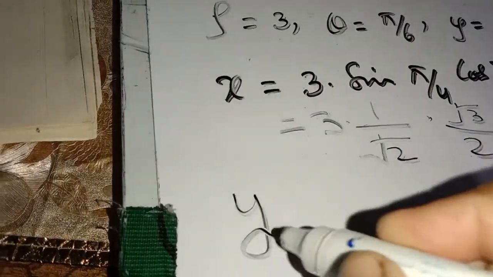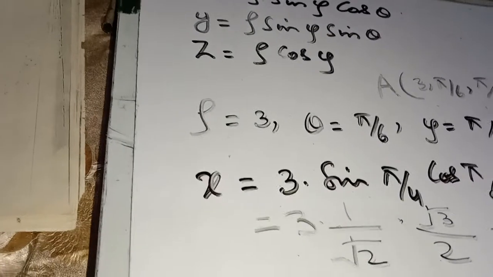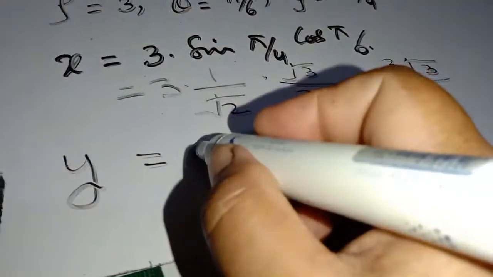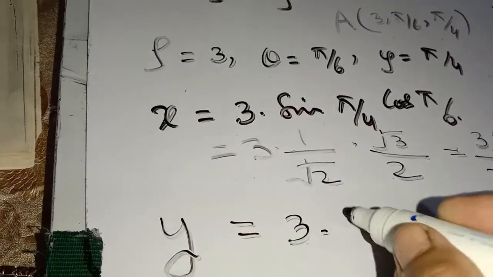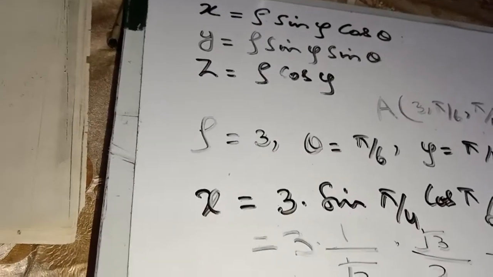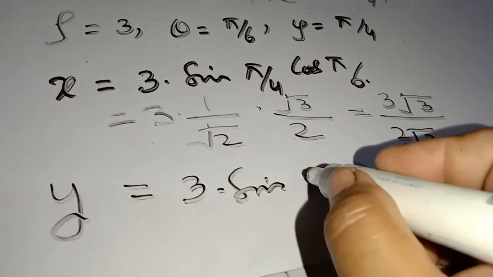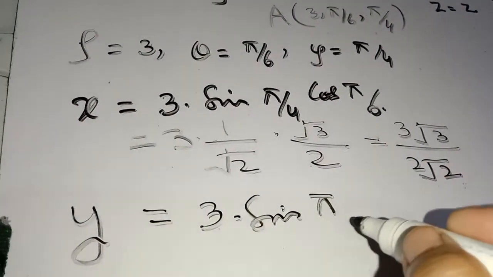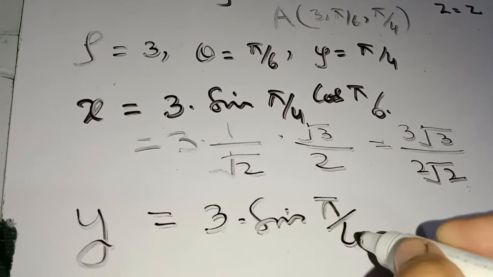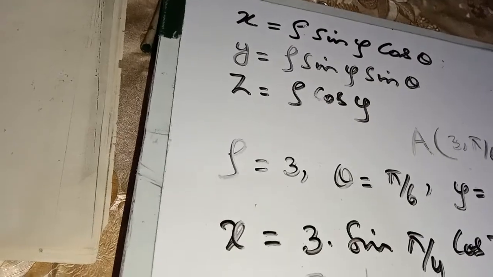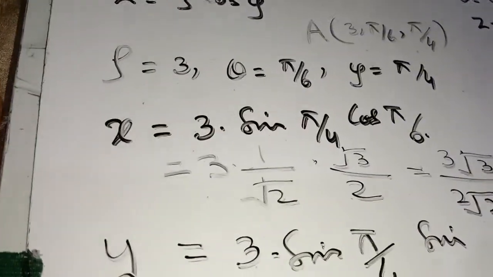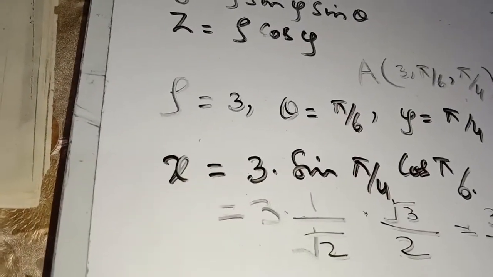Now y is equal to rho, which is 3, sine of phi, which is pi by 4, sine of theta, which is pi by 6.